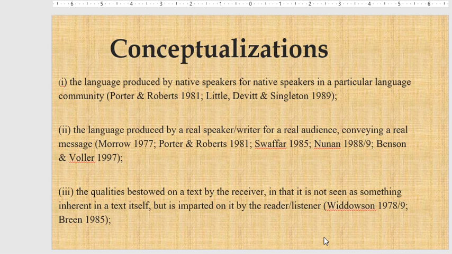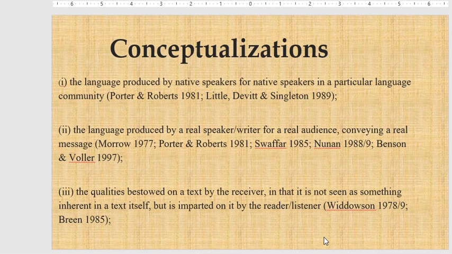But let's consider other ones. The language produced by a real speaker or writer for a real audience, conveying a real message. I think the second one is much better, because language is always used for real purposes, for real speakers, even the speakers who are non-native speakers, but they use language for real, actual purposes.